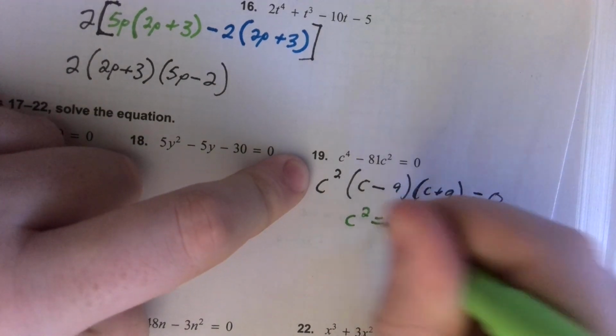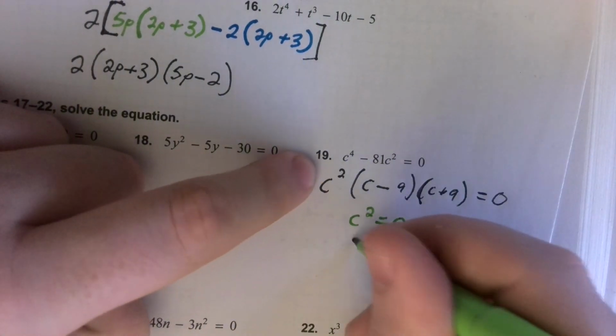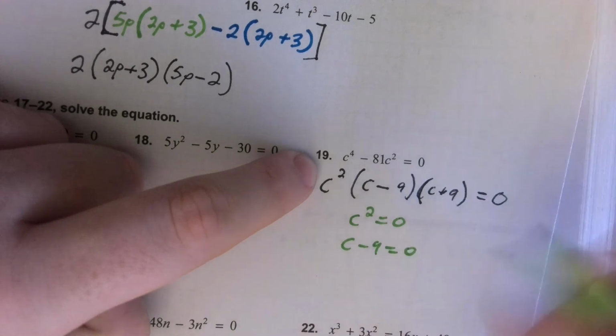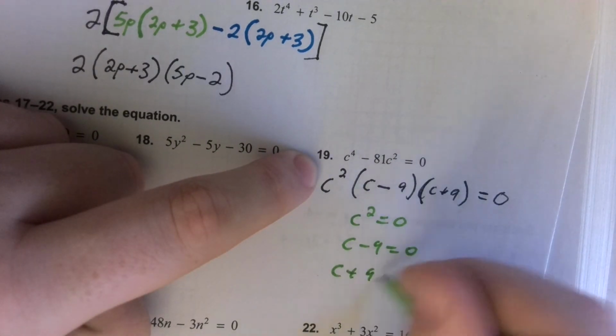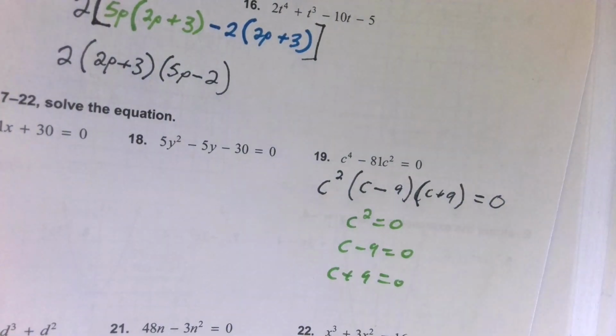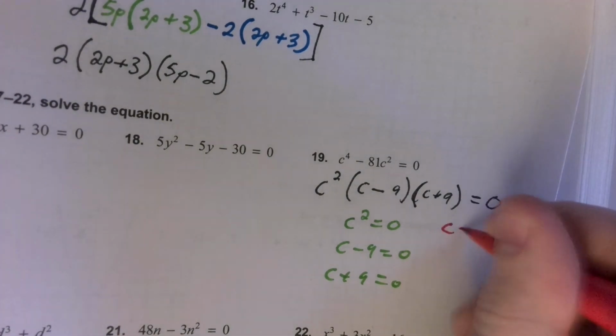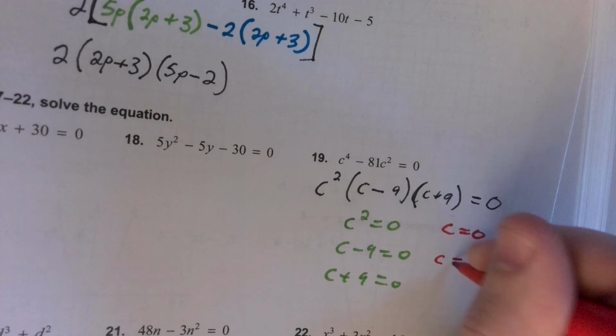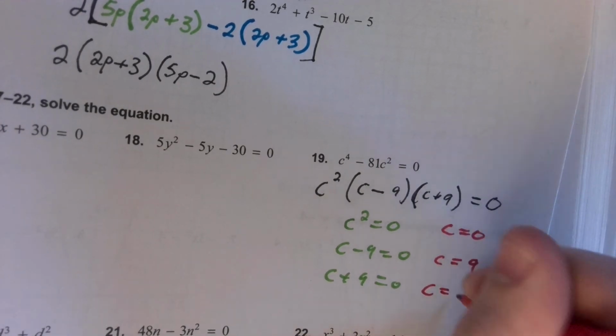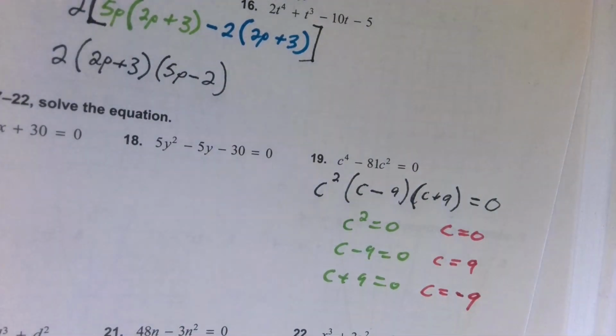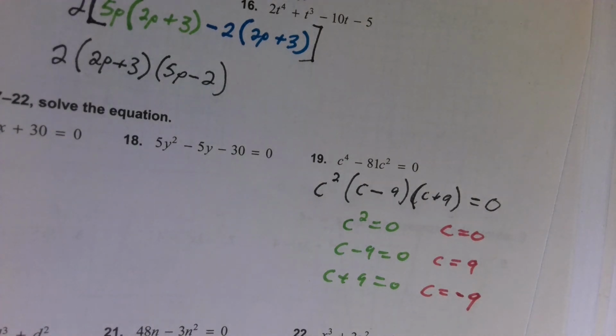So set c squared equal to 0, figure out what c should be. Set c minus 9 equal to 0, see what c should be. And set c plus 9 equal to 0, and see what c should be. That's how you would find your answers, or your roots, or your solutions: when it equals 0, set each piece equal to that 0 after you factor.